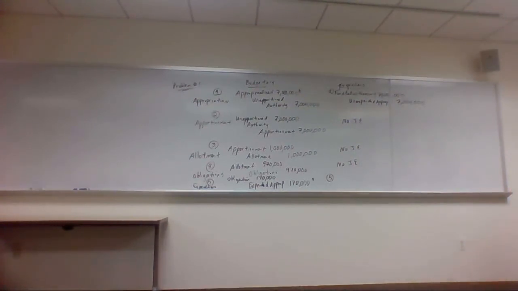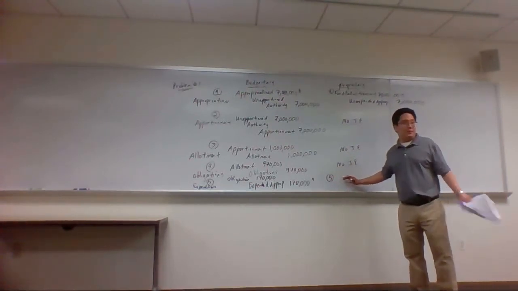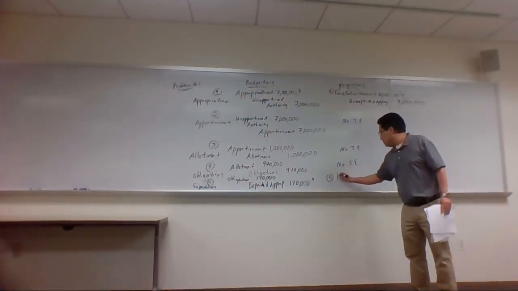Okay. What about at the end, like number 5? What happened in number 5? It looks like we had some payroll expense, right? So if this is full accrual accounting, if you have payroll expense, you should debit payroll expense.